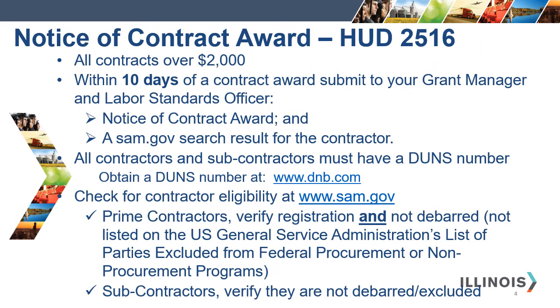Within 10 days of the contract award, the Notification of Contract Award HUD 2516 form and the contractor's eligibility verification is due to your grant manager and the Labor Standards Officer.